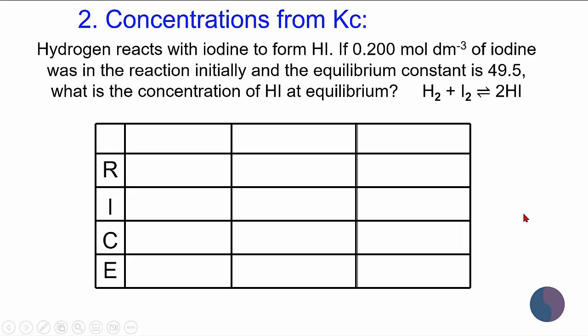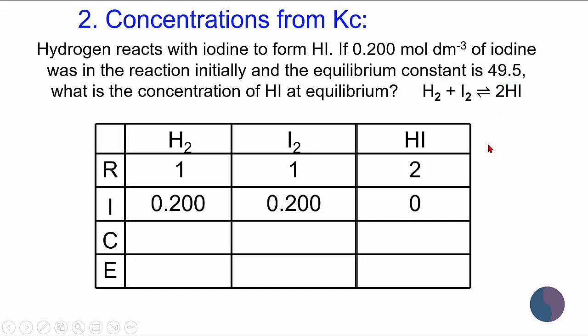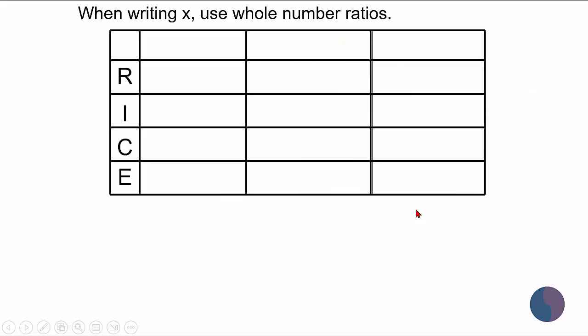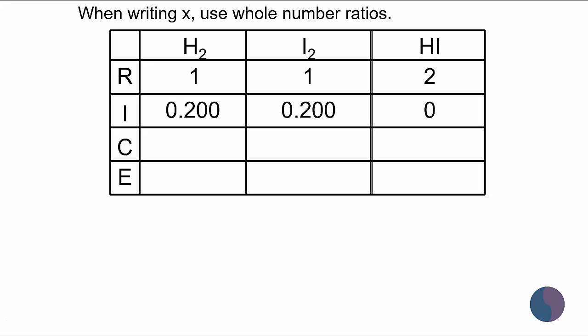Now the second one is going to be starting to use the X's. So we've got 0.2, so we'll do the reaction stoichiometry, put the 0.2 of iodine, it's assumed this one as well, and the rest we don't know. Okay, so we do know the final number. If I just rewrite those again, we have to do X's now.